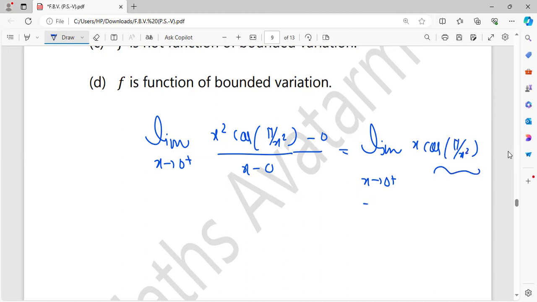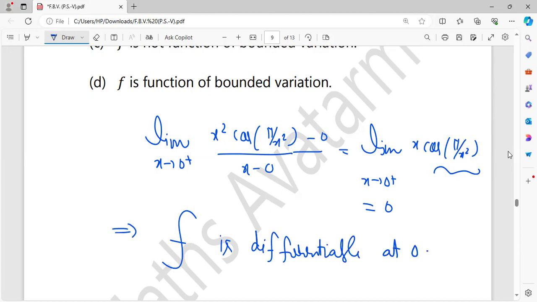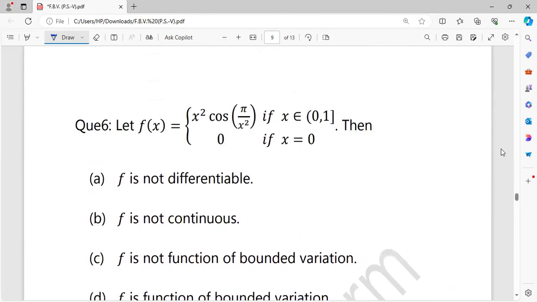The cos function is bounded, so this is going to be 0. So f is differentiable at 0. If x is not 0, it will be differentiable too. So it is differentiable on the closed interval [0, 1], so option number A is not correct.